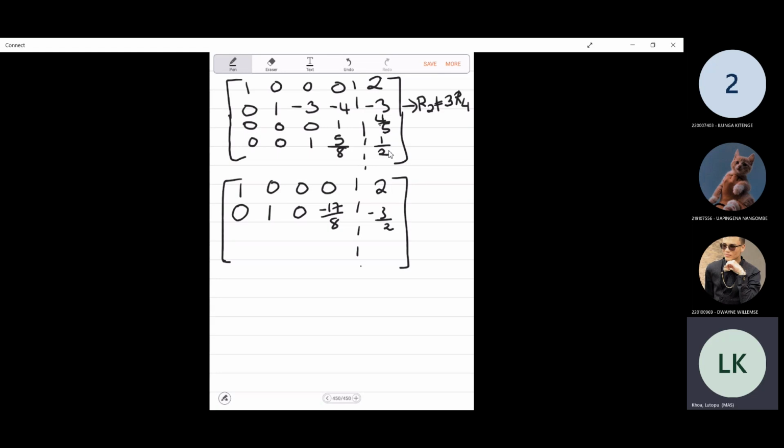And then the other rows remain as they are, 0, 0, 0, 1. We have 4 over 5. The last one, 0, 0, 1, 5 over 8.